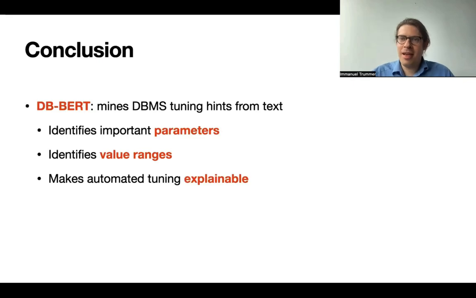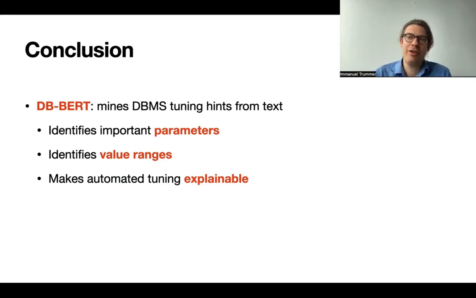So in conclusion, I have presented the DB-BERT system, which mines information for database performance tuning from text documents and uses it as a starting point for reinforcement learning-based exploration of the configuration space. Mining text documents is an advantage because it allows DB-BERT to identify important parameters quickly and to identify interesting value ranges for those parameters.